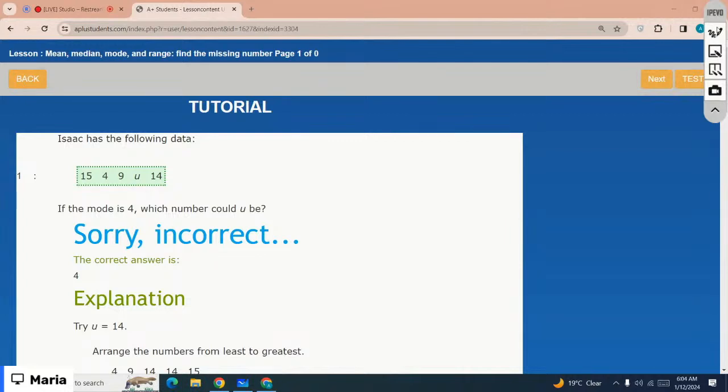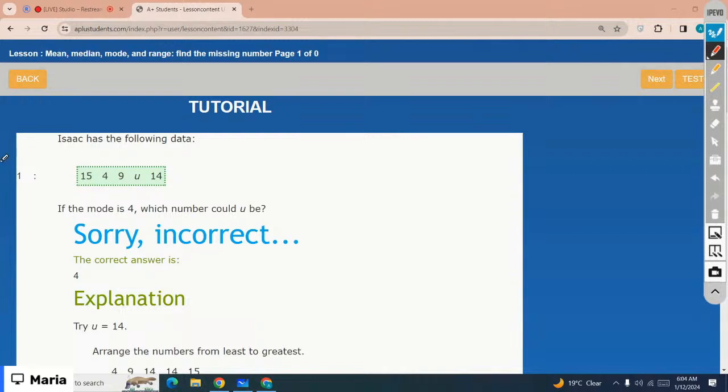The first example is: Isaac has the following data: 15, 4, 9, U and 14. If the mode is 4, which number could U be? So you are given the mode is 4. The mode is the number that appears most often in the given data. You can see 4 is only once here.